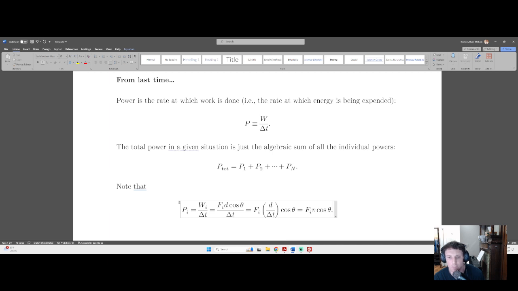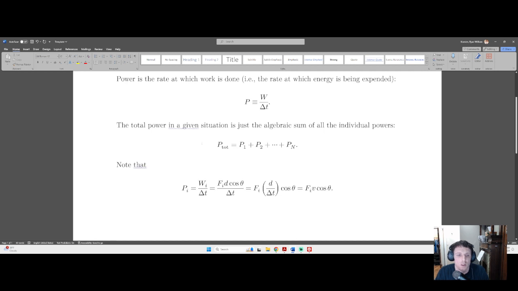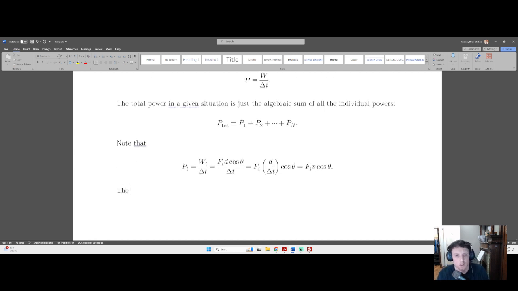All right, so I think these are the only two equations with power that you need. You just need to know what it is, and then this one particular form of the power equation for a given force with constant speed. I should also tell you the units, right? The units of power are those of energy over time.